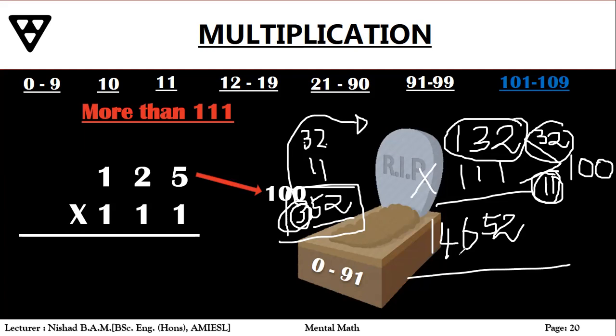So the answer will be 14,652, right? This is how we exactly do this calculation. Whatever number more than 100, if you are going to multiply it by 111, this is the way we can do these things.